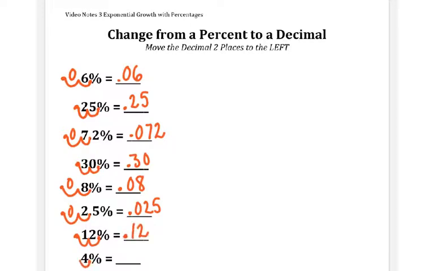Next, 4%, 2 places to the left, so that's 0.04. Converting from percents into decimals means we move it 2 places to the left. Let's try the next one. 28%, move that 2 places to the left, and it becomes 0.28. 42.5% moves 2 places to the left, so that's 0.425. 36.8% moves that 2 places to the left, 0.368.